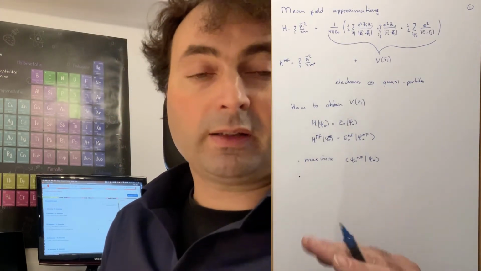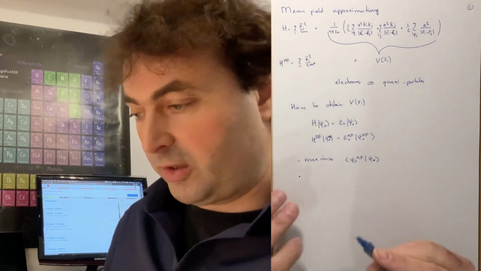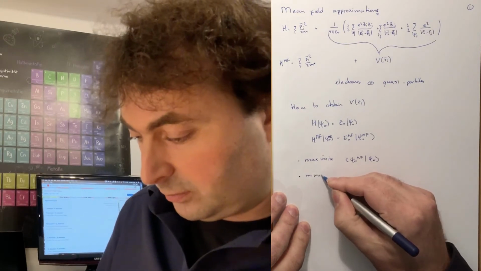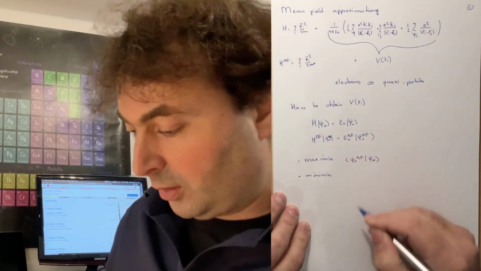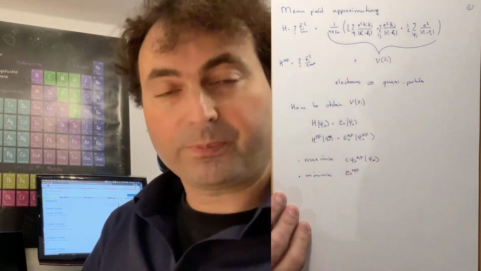Instead of looking at the wave function, we can say, well, I'm going to calculate the total energy of your system. And then I'm going to minimize, for example, the mean field ground state.